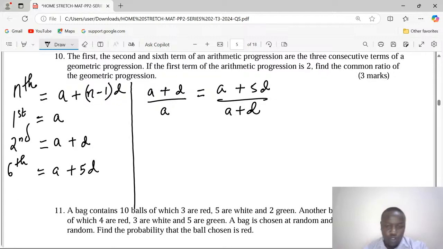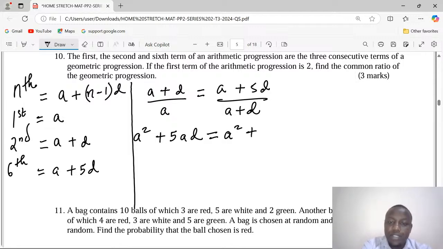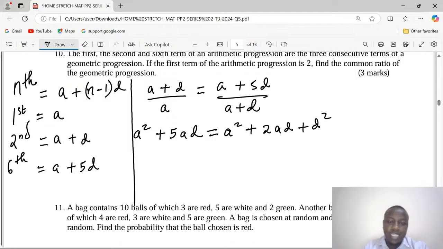Now we can cross multiply and have a squared plus 5ad, which is equivalent to a squared plus 2ad plus d squared. So when we group like terms together, you discover a squared and a squared cancel.